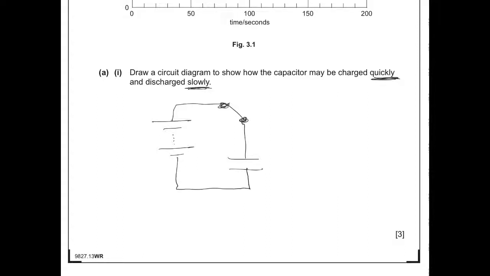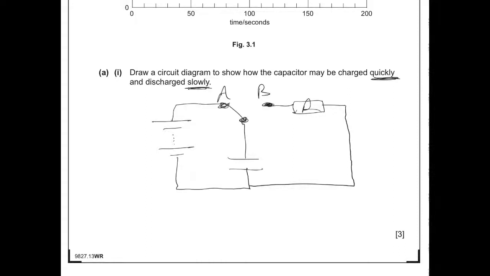What we then want to do is have a second switch point where we can throw it over to discharge, and that side of the circuit needs to have some resistance in it. And the idea then is that the capacitor can be flipped over from position A to position B, charging very quickly with no resistance at A and discharging slowly through a resistor here at position B.